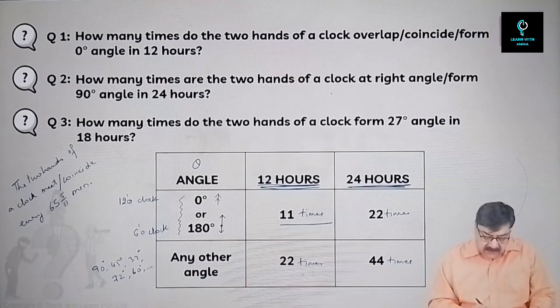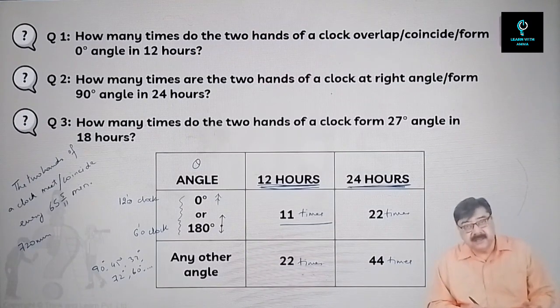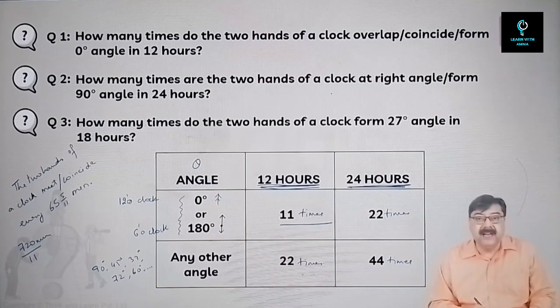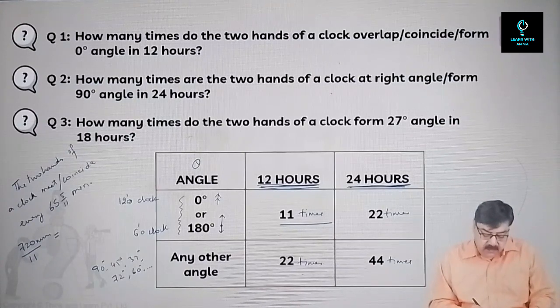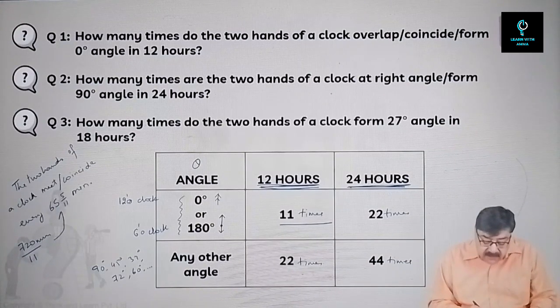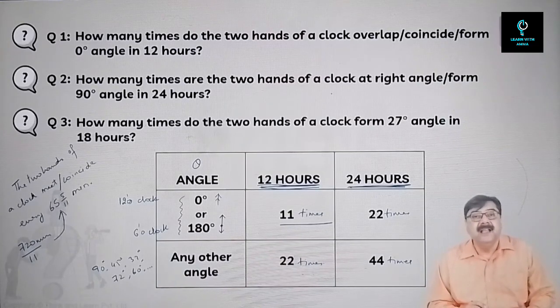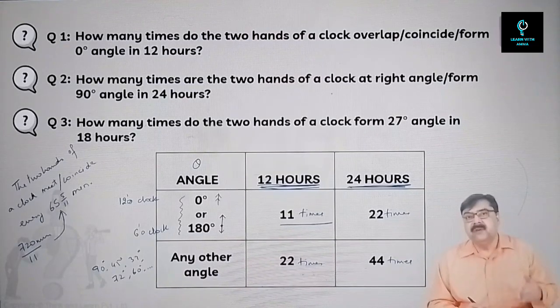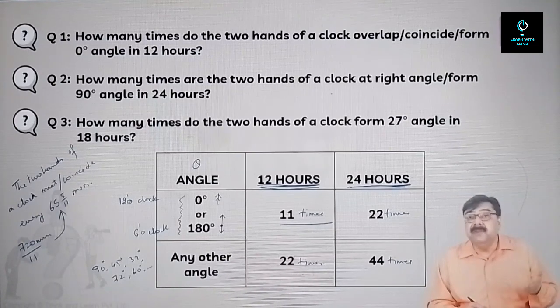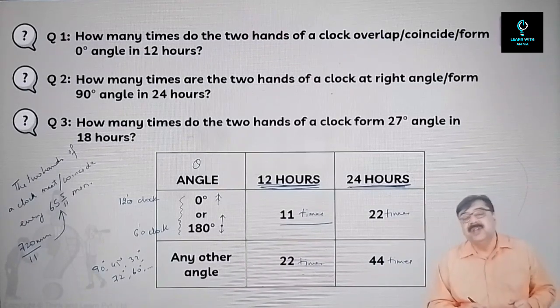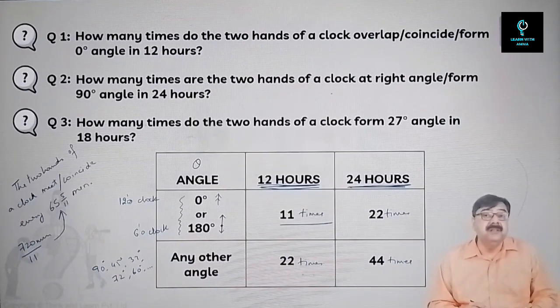In 12 hours, there are 720 minutes, 12 into 60. If you divide this by these 11 times, then you would know that the two hands of a clock are coinciding every 65 by 11 minutes. So from 12 o'clock onwards, if you keep on adding up 65 by 11 minutes, you will find that there are 11 occasions when the two hands of a clock form a 0 degrees angle.